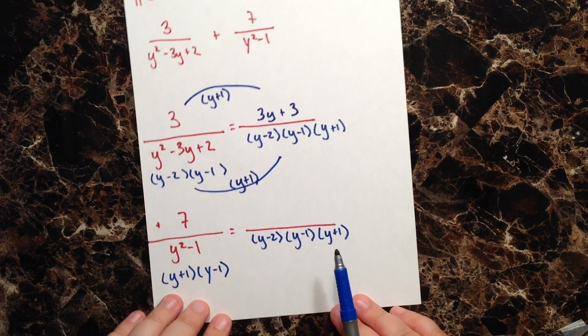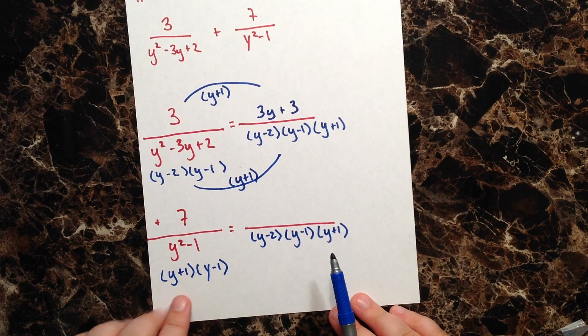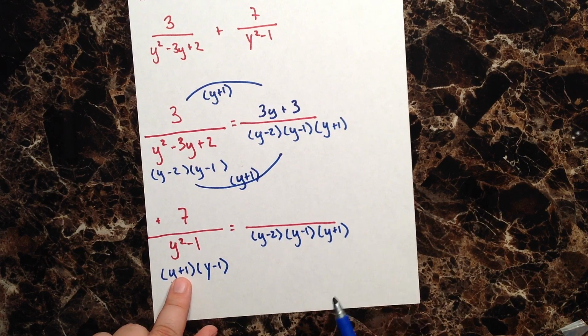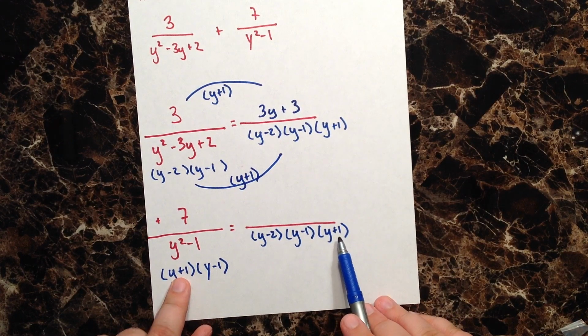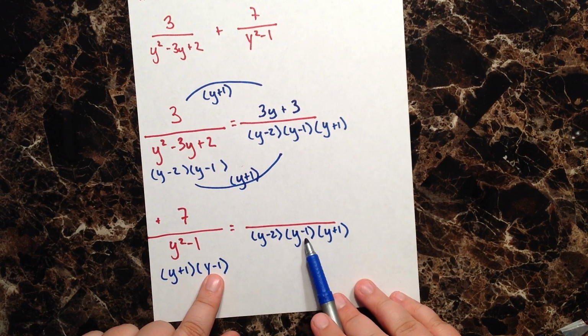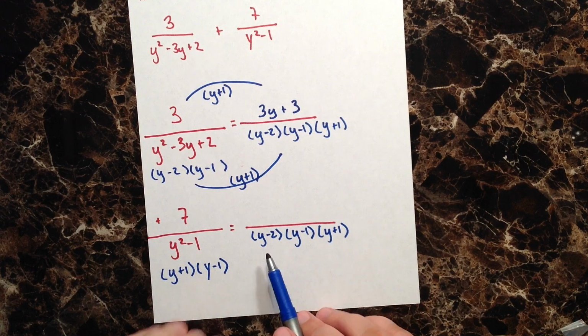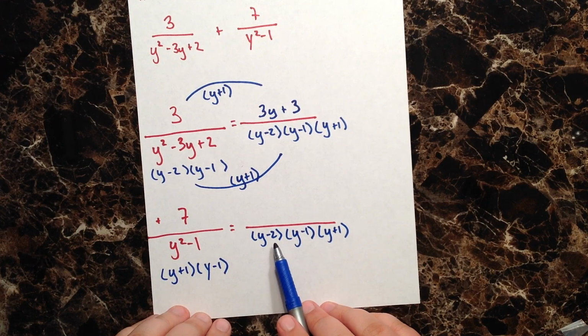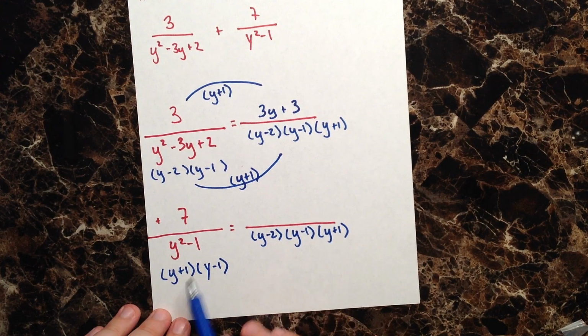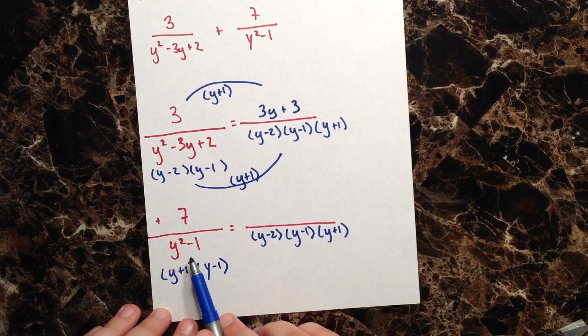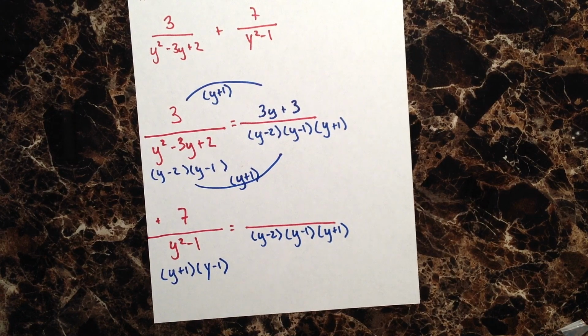All right. Well, now let's do the same thing here with our second denominator. y plus 1, that checks. y minus 1, that checks. Oh, but look, y minus 2 is part of my common denominator, but it was not part of my denominator in my original second denominator here.